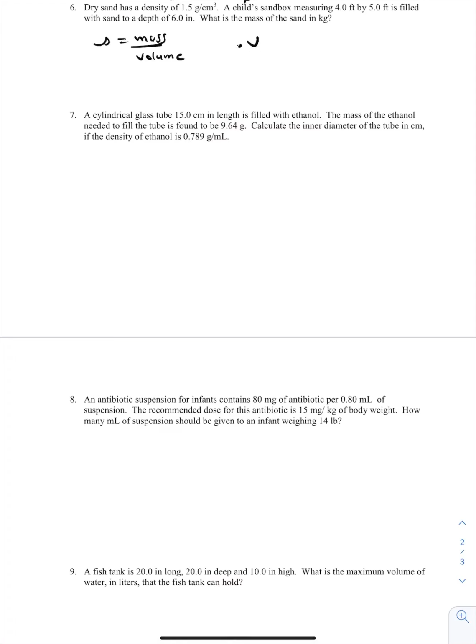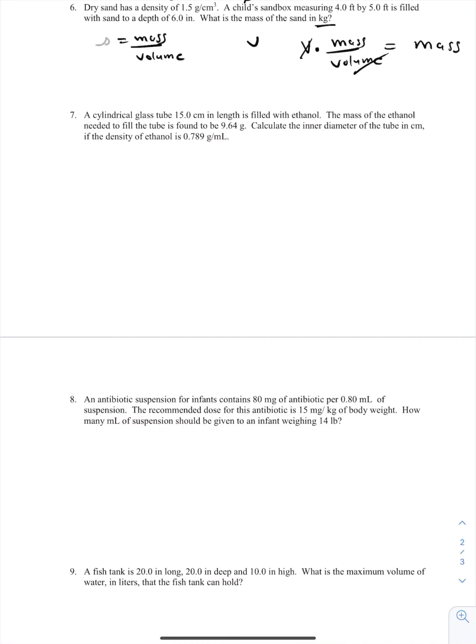If we had the volume of the sandbox and the density, and we multiply the density times the volume, we get the mass. So the way I want you to approach this problem is we first have to find the volume of this sandbox, because we have the density. All we're missing is a volume to find the mass, because at the end of the day, we want to know the mass of the sand in kilograms.